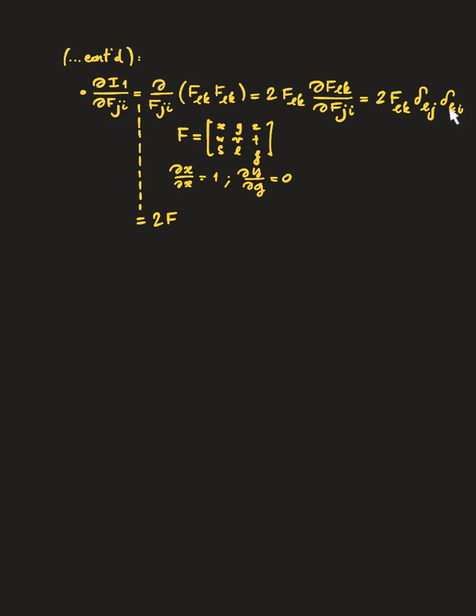And likewise, K has to be equal to I. In all other cases, if K is different than I and L is different than J, this guy is equal to 0. You have to sum here, yes? Don't forget, behind this there is the summation for L and K ranging from 1 to 3.